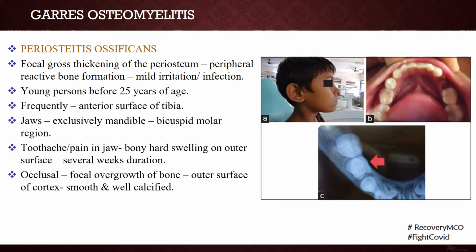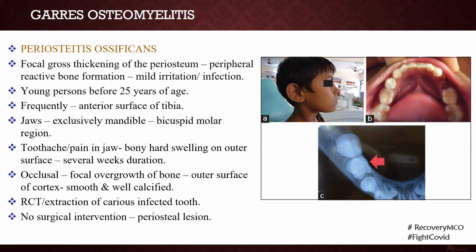As you can see in this occlusal radiograph, a rim of dense radiopacity is seen on the lingual cortex, which is probably because of a low-grade infection from the surrounding region. The lesion as such does not require any surgical intervention. However, root canal treatment or extraction of the nearby carious tooth may be required.